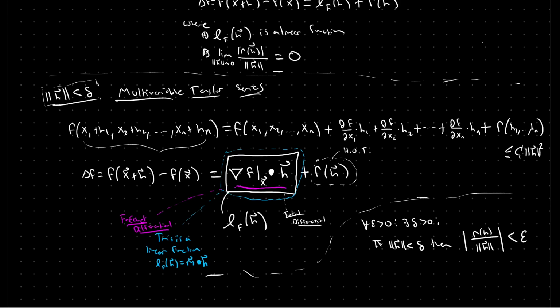Another way of saying this, we can write as the absolute value of the remainder function, r of h, must be less than epsilon times the size of h.